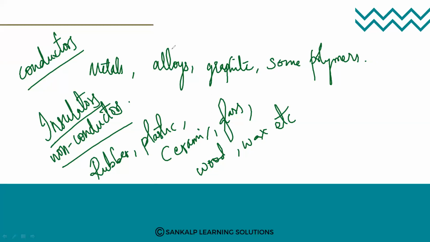Their conductivity will be in between that of conductors and insulators. So if the conductivity is in between the conductors and the insulators, then it is called a semiconductor. So these are called semiconductors.